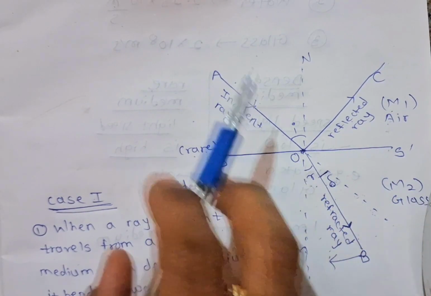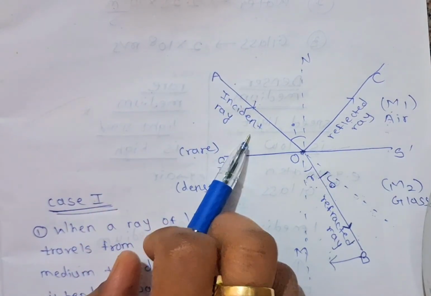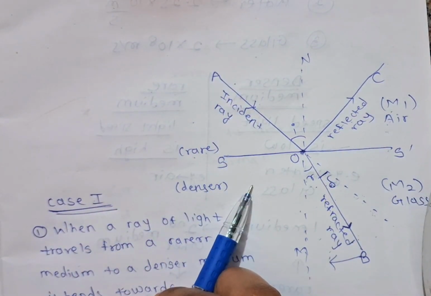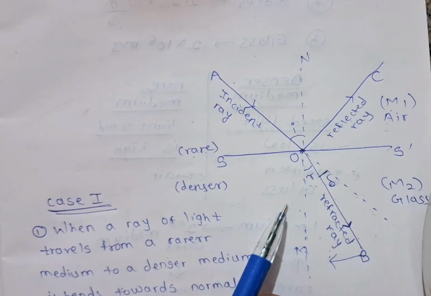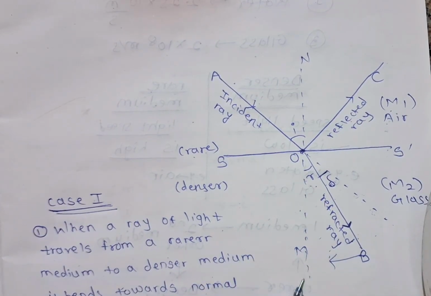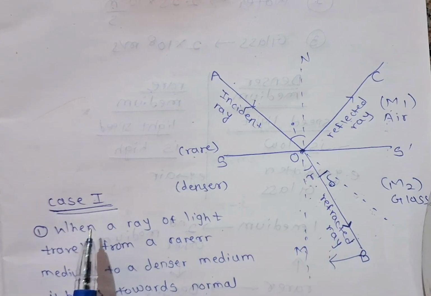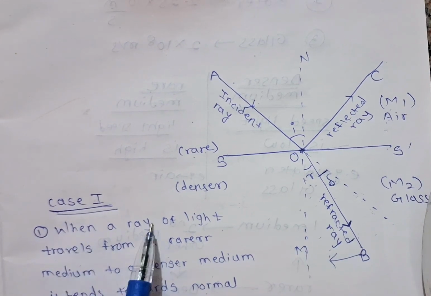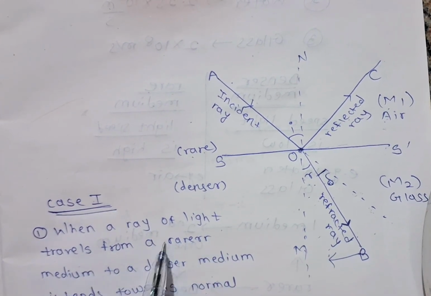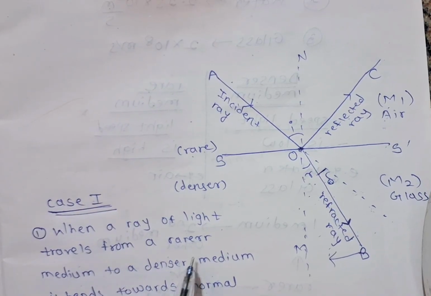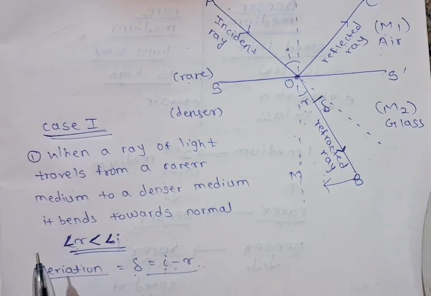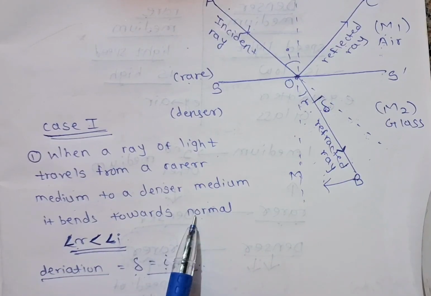So when a ray of light travels from a rarer medium to a denser medium, it bends towards the normal.